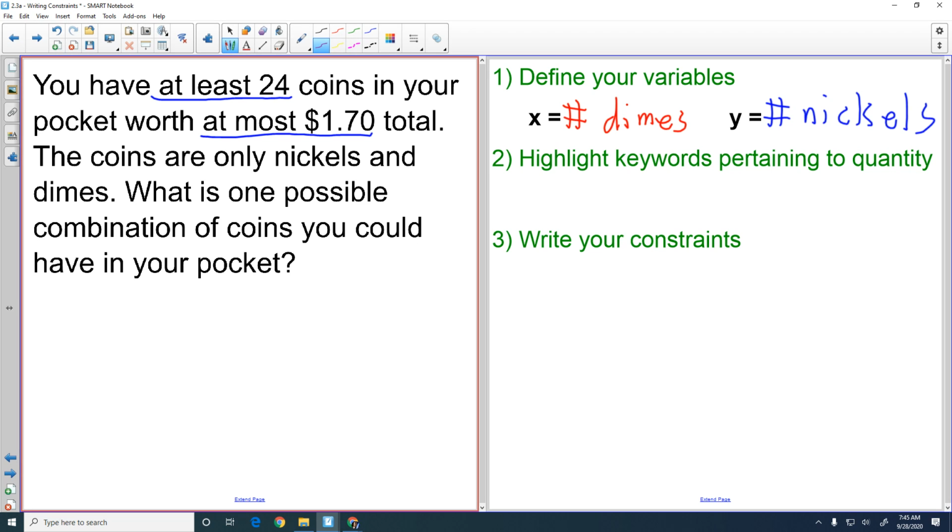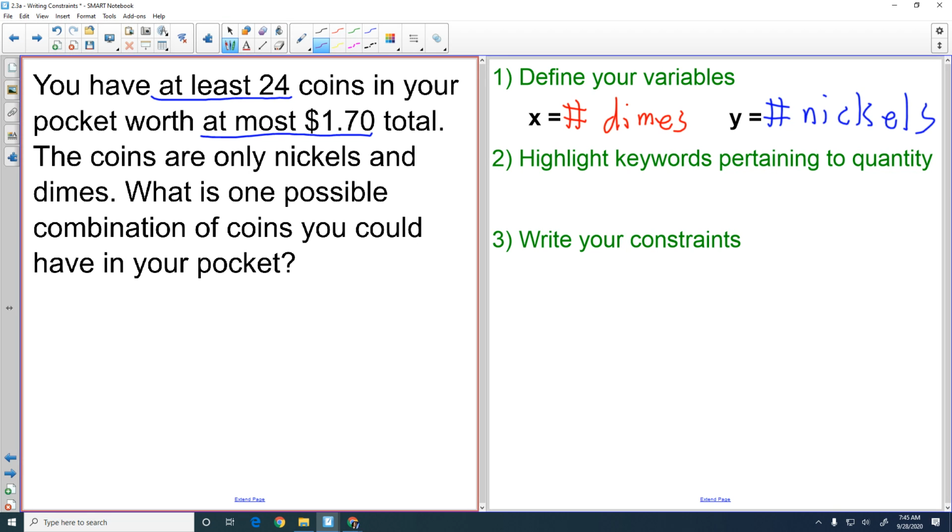And now we need to actually write them. And so these constraints are going to have the two variables, x and y, in them. And they're going to pertain to the numbers that we've got in this word problem. So if I have at least 24 coins, now it doesn't tell me what types of coins those 24 are, right? Some of those 24 coins are nickels, some of them are dimes.